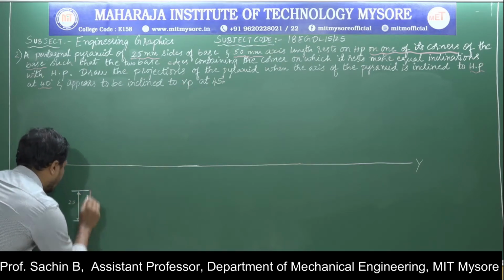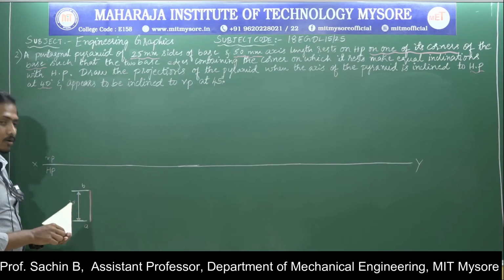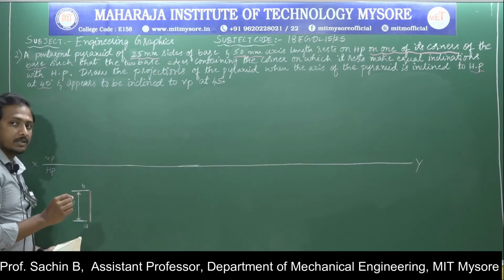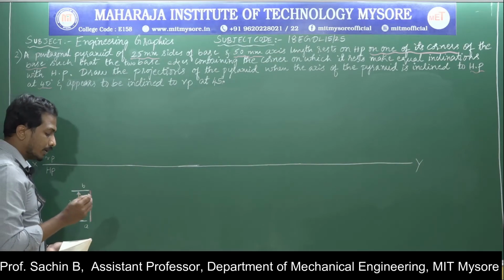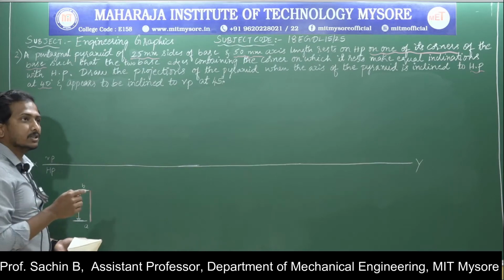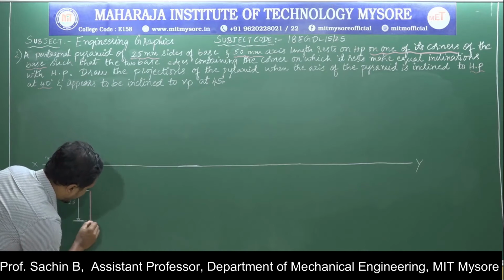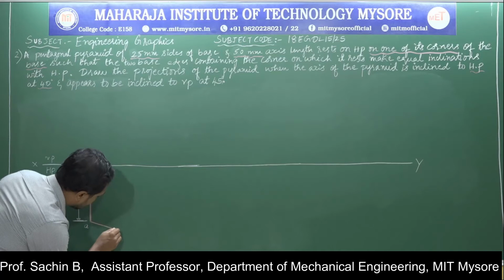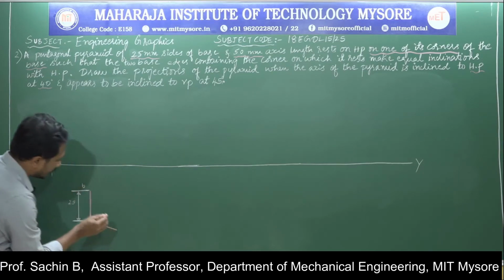I am going to call these points A and B. With the help of your protractor, you know how to construct the pentagon. Now I am directly constructing it without explaining the necessary angles, because you already came across these kinds of problems, whether it is resting on edge condition or corner condition, in your projection of planes. Now I am drawing this line inclined at an angle of 72 degrees with the same dimension of 25 mm sides.